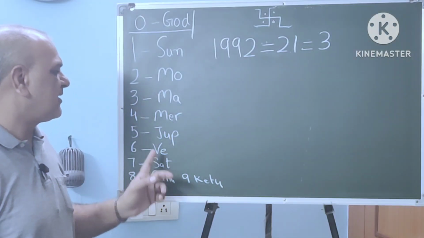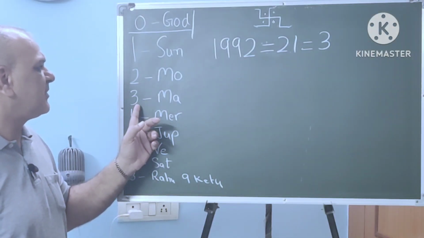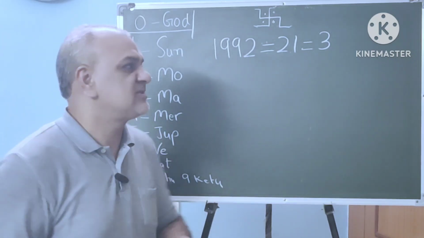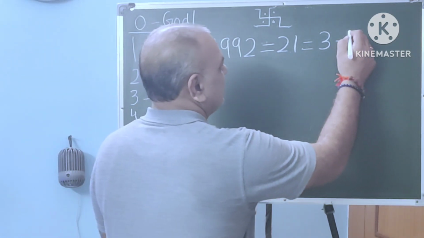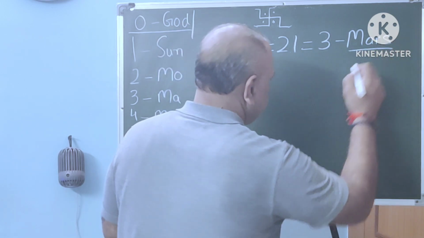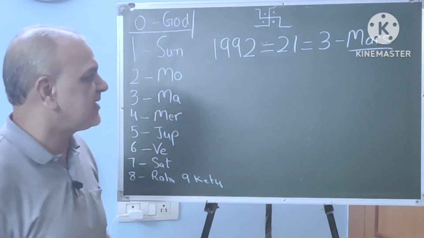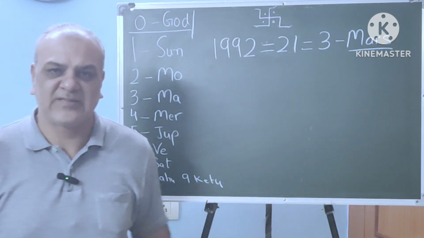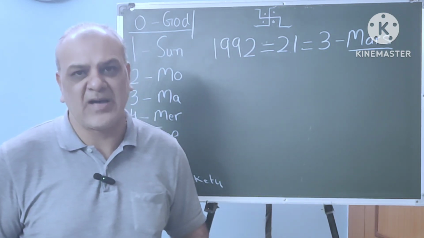In this chart we are going to check where number 3 comes. Number 3 is ruled by Mars, so we will write here Mars. This means that this person of 1992 birth is ruled by Mars.